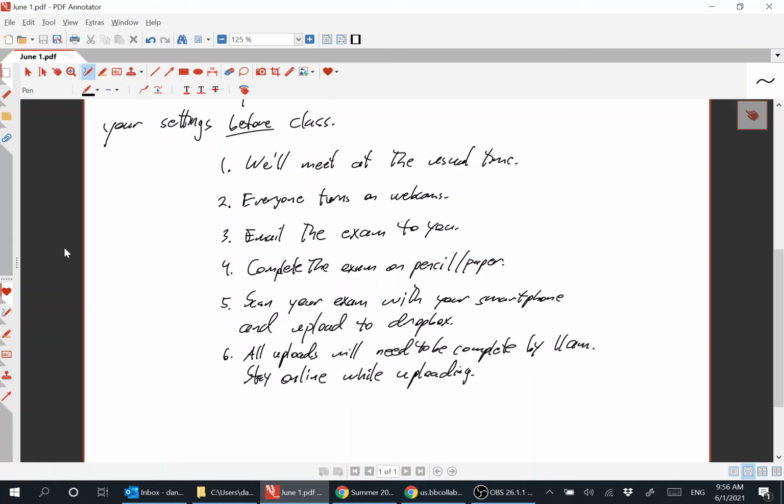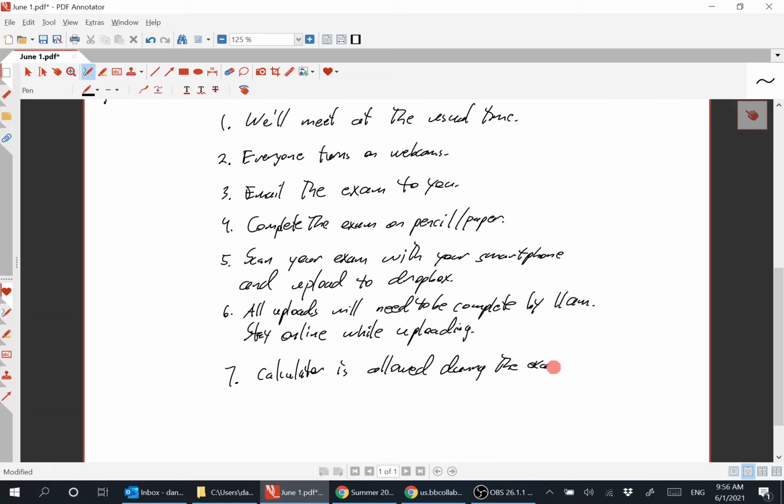You can have a calculator during the exam, but no internet enabled devices.